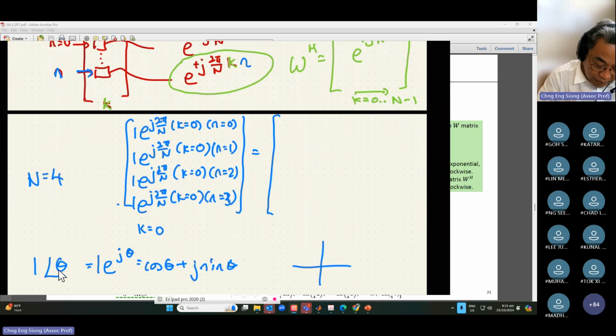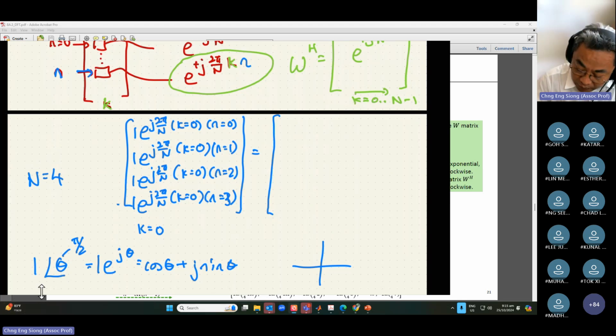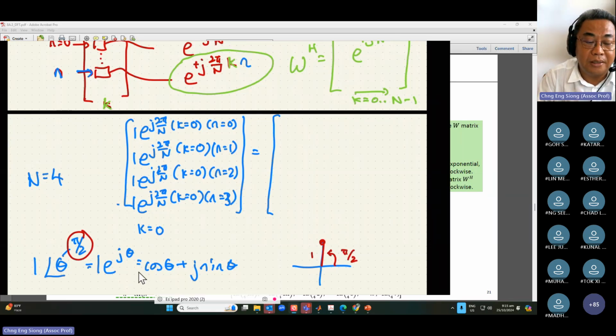For example, if θ is π/2, it is simply an amplitude 1 with θ equal to π/2. So we like to write complex numbers as phasors with magnitude and phase. This is the real part of z, and this is the imaginary part of z.